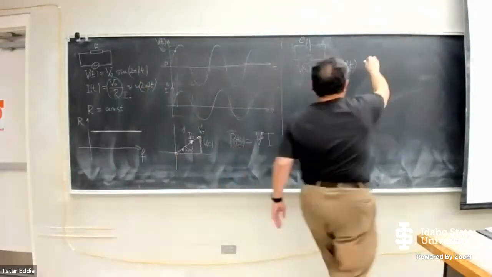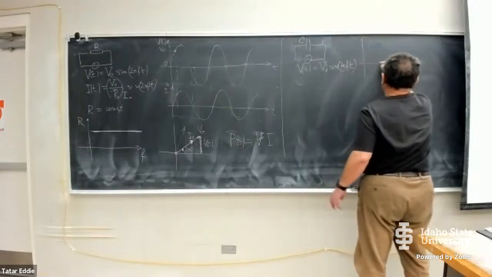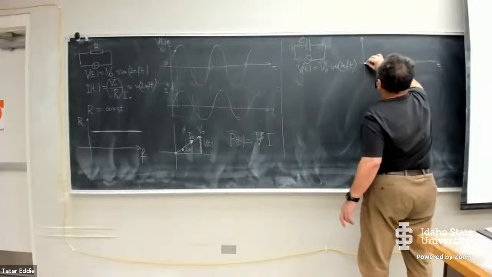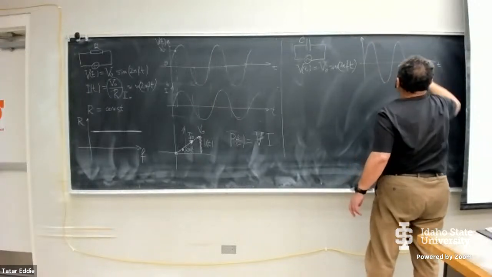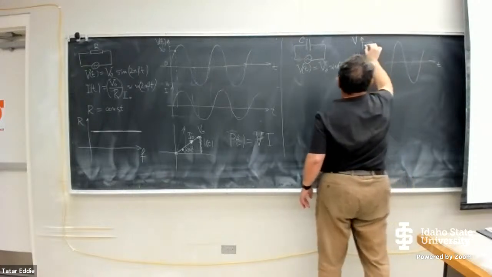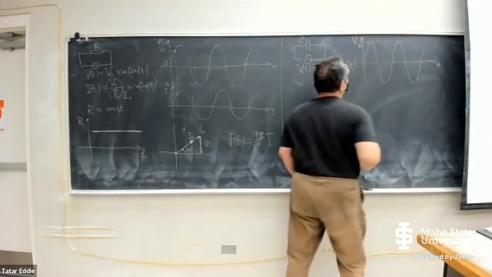Well, let's draw again the time dependence. So you're going to have a standard sine function for the voltage as a function of time. The maximum value of the voltage, of course, is V naught. Like this.